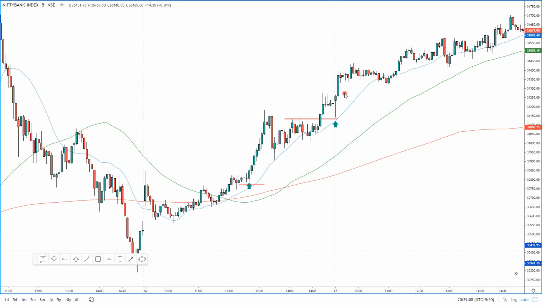So that said, on this chart, just look at the chart and think about what all things you can see. Although I have already marked some green arrows and some support and resistance lines here, just ignore them for a while and try to see what you can see here.